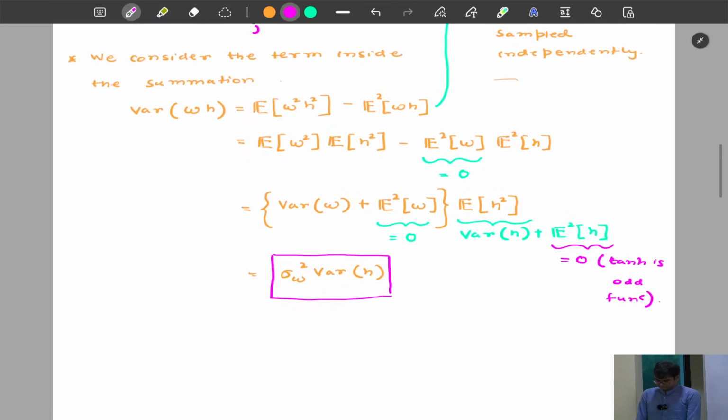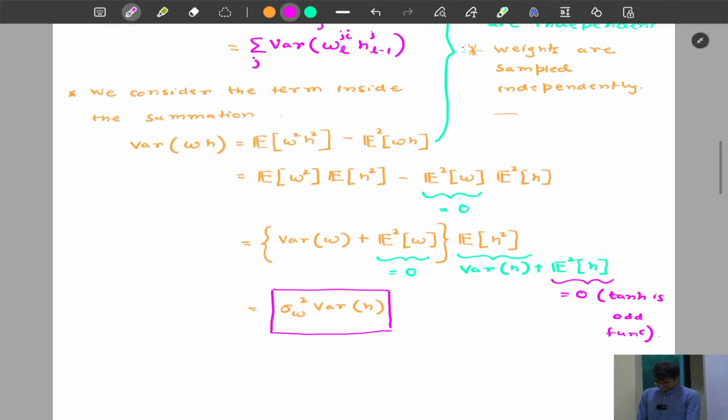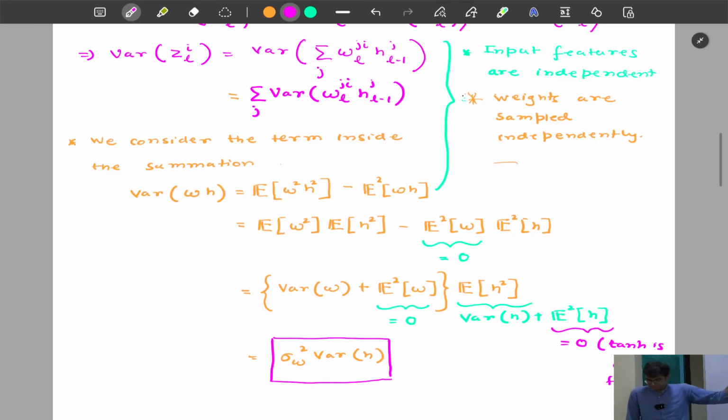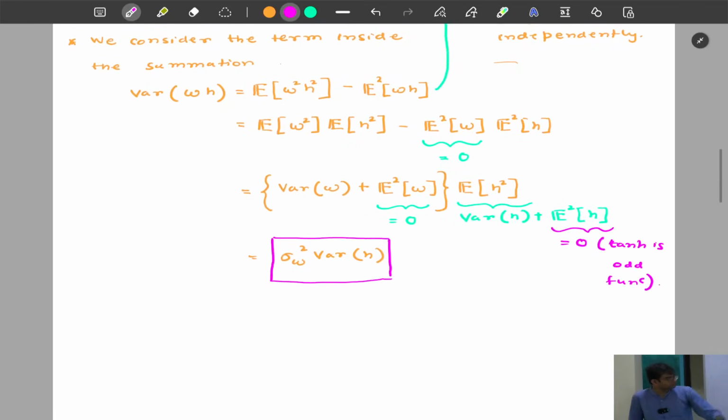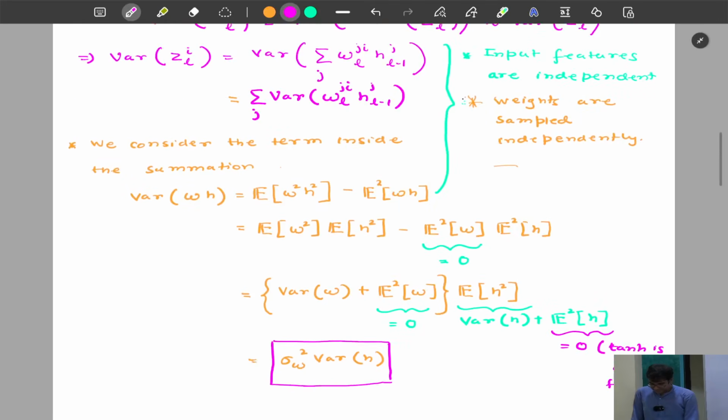Now, you take this term and substitute it into the summation term, because our goal is to find out variance of H_{L,i}, which is equal to variance of Z_{L,i} approximately, and that is what we want to find out. So I am going to take this box that you see at the bottom and substitute it inside the summation with proper index. Now the index will come back.